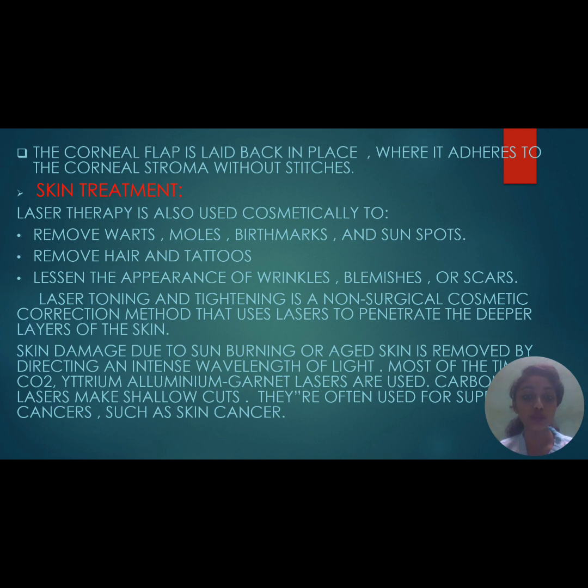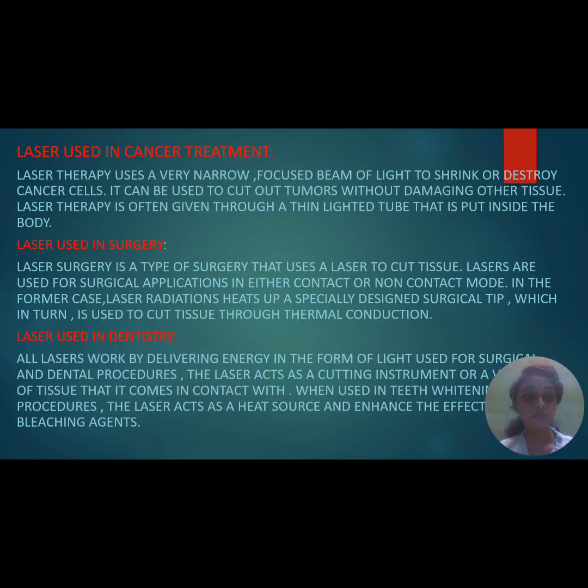Skin damage due to sunburn or aged skin is removed by directing an intense wavelength of light. Most of the time, CO2 or aluminum garnet lasers are used. Carbon dioxide lasers make shallow cuts. They are often used for cancers such as skin cancer.